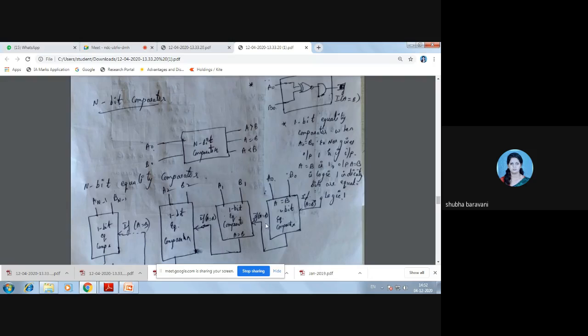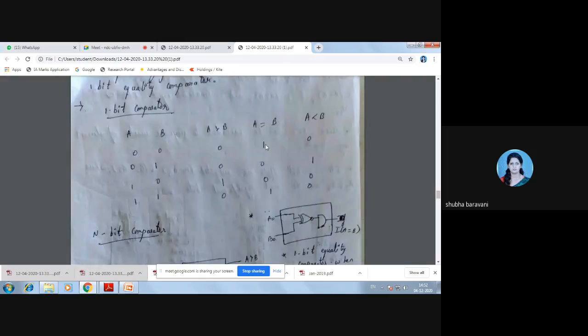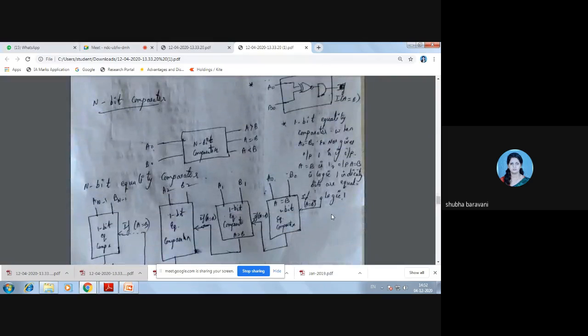So see what I have done here. It is said that output A is equal to B is at logic 1, indicating that bits are equal. This truth we know. A is equal to B is high when A and B magnitudes are the same. So I give as input to the first comparator, B naught and A naught, our first LSB.